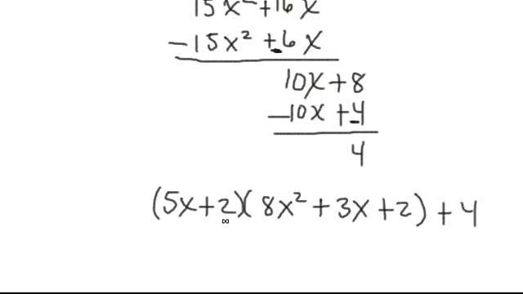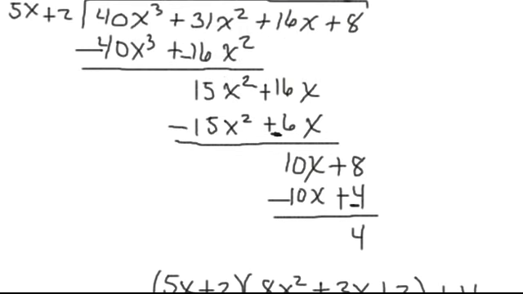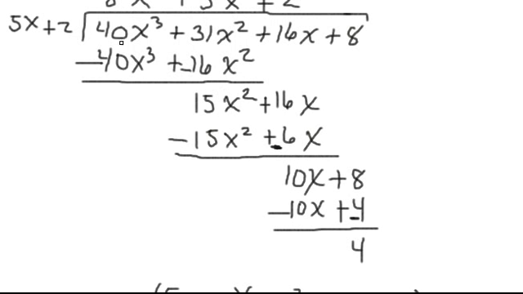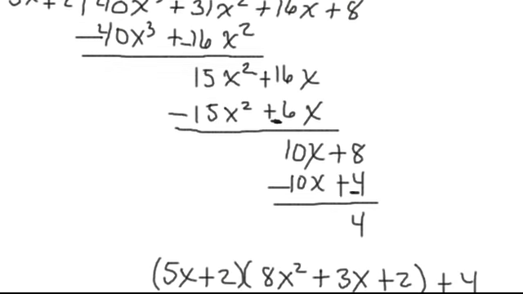Now if you multiply all this out, you should get this 40x cubed plus 31x squared plus 16x plus 8. If you didn't do that, if you did this on your own, then you didn't do it correctly. So that's a way to check.